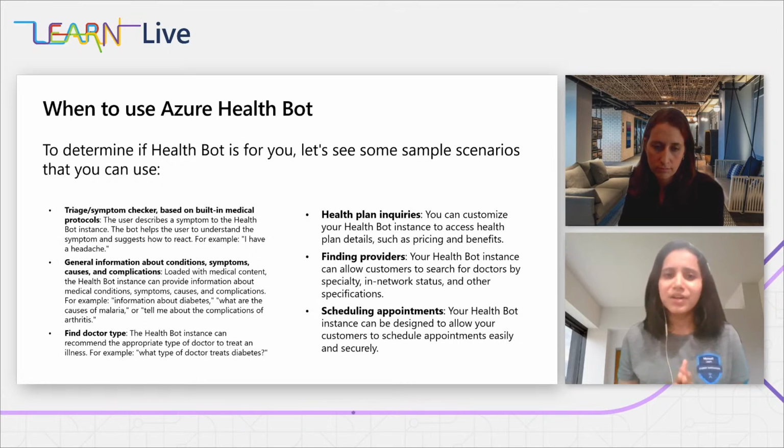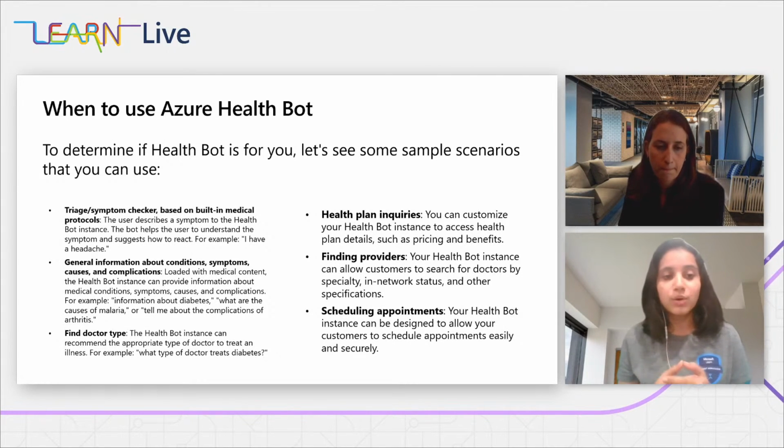These are not all the options we have. You can really customize the HealthBot scenarios in every way you want to. For example, customers typically build extensions by using scenario-authoring elements, such as health plan inquiries. You can customize your HealthBot instance to access plan details and also the pricing and benefits of the health plans.